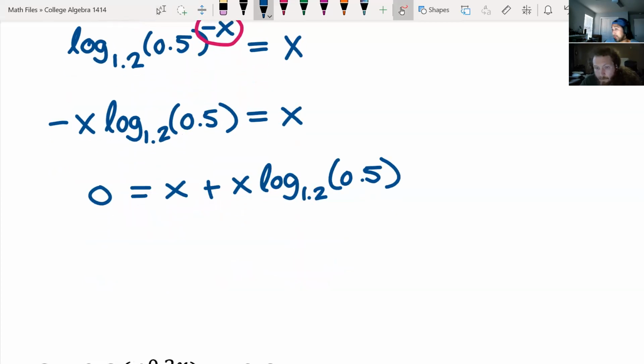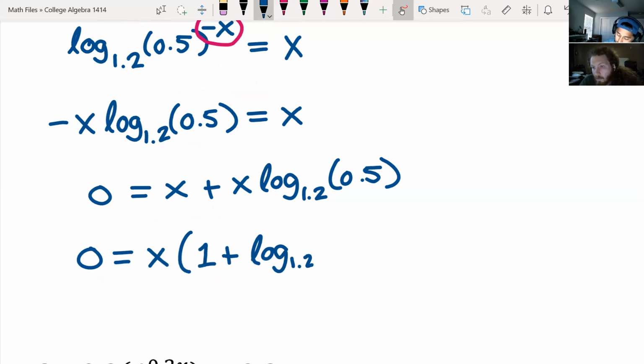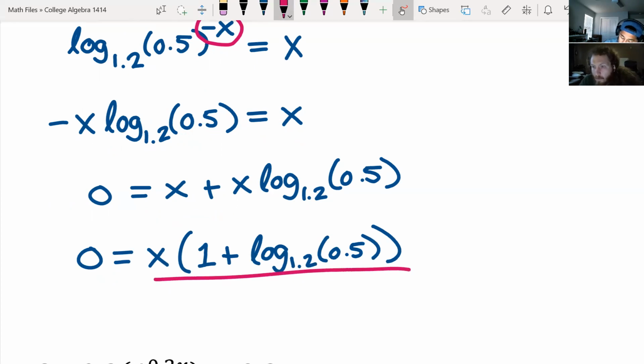And now, once again, we are solving for x. What we're going to do next is factor out an x. And we get 1 plus log base 1.2 of 0.5. And now in order to solve for x, we are going to divide by all of that.